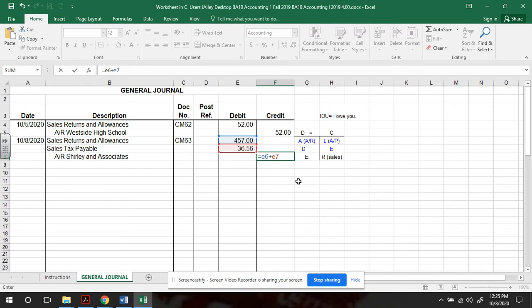And I really like the way that Excel lights these up in blue and red for what I've put in the cell box so I can know exactly what's being added together. And I hit equals. So Shirley and Associates no longer owes us $493.56. It's just like a payment, only instead of giving us a check, this time they gave us the actual merchandise.